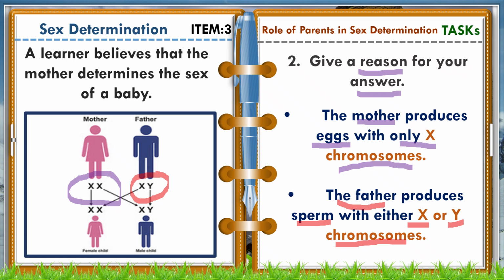If the X chromosome gamete goes with the gamete of the mother, we shall form a girl child. If the Y chromosome goes with the gamete of the mother, we shall form a boy child. So it is the father who determines the sex of the child.